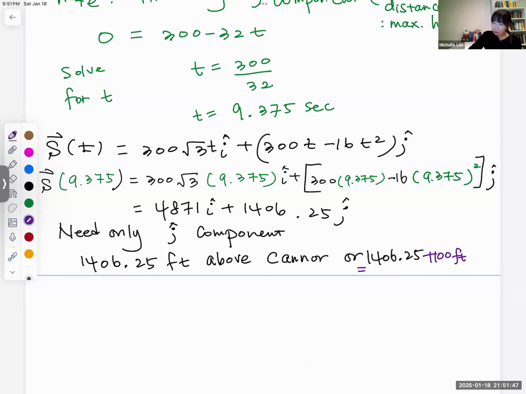That would be 1506.25 feet above sea level. Yeah.